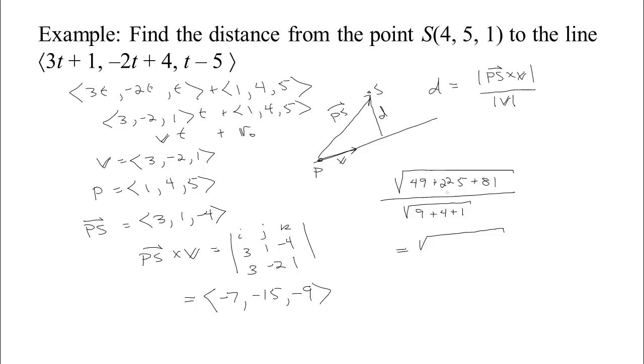Okay, now we can just add these up. If I borrow this one from the 80, I've got 50 plus 225 is 275. And then I can add the 80 in there. That's going to be 355. So we get the square root of 355 all over the square root of 14.